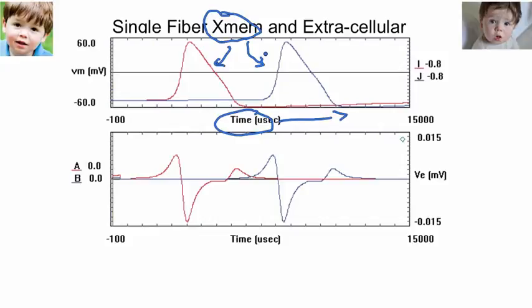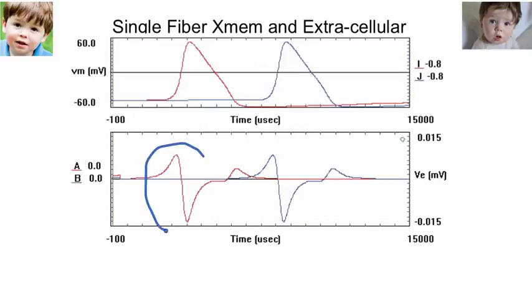Now, what happens outside the fiber? If we look at our two electrodes outside the fiber, we again see two simple waveforms, but they are quite different. Here's the waveform that's outside near the left end. And here's the waveform that's outside somewhat further on down the fiber. Looking at these waveforms, you'd say they do seem to have some similar characteristics.